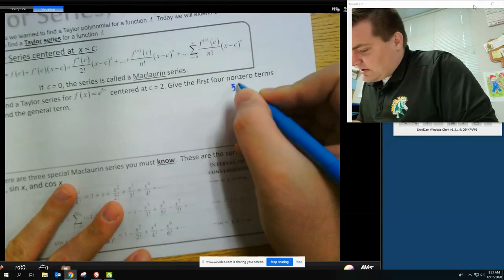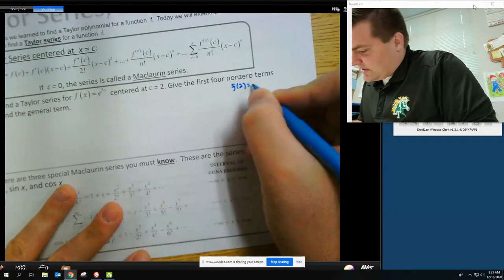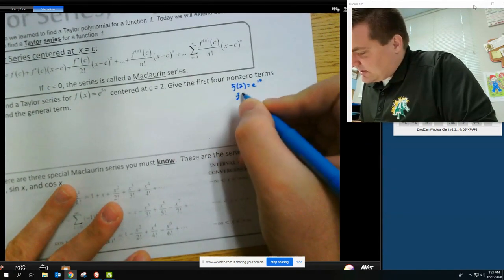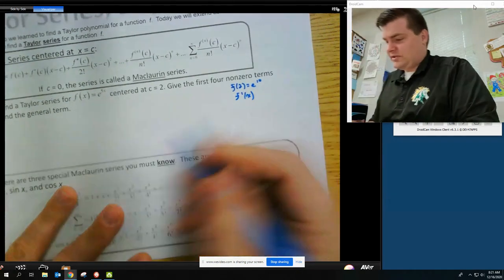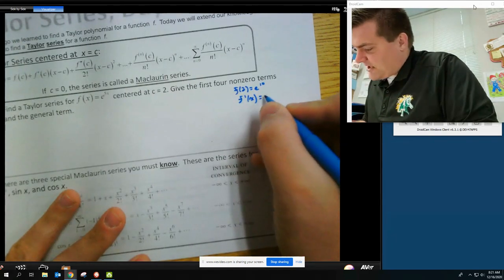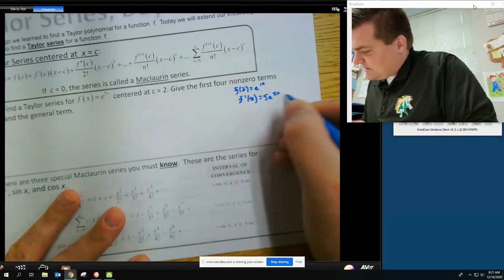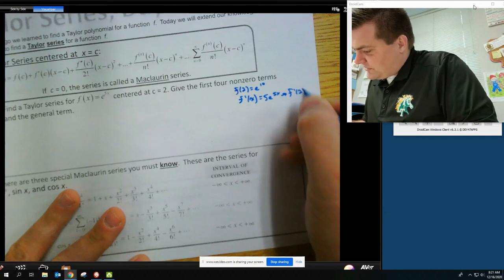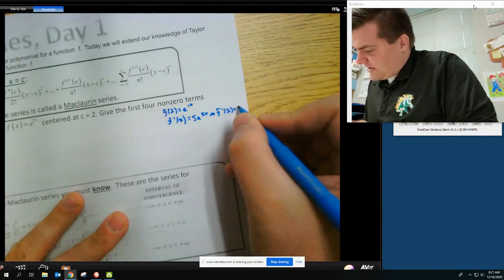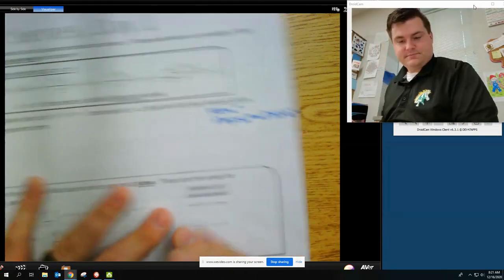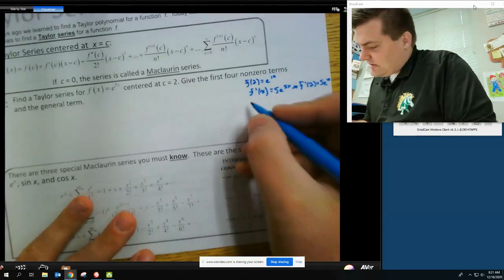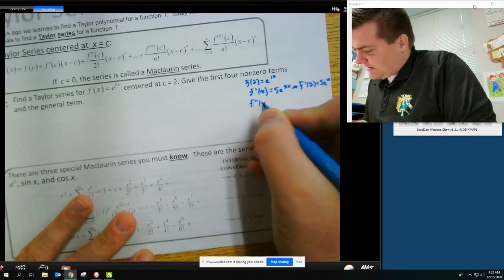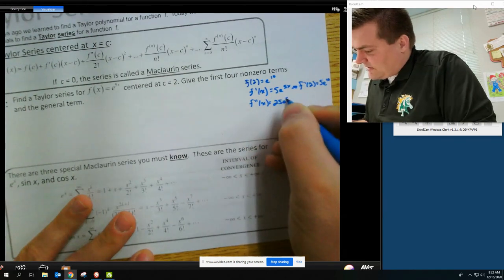So f of 2 is going to be e to the 10. F prime of x, so take the derivative of that, is going to be 5e to the 5x. So f prime of 2 is going to be 5e to the 10. F double prime of x is going to be 25e to the 5x.